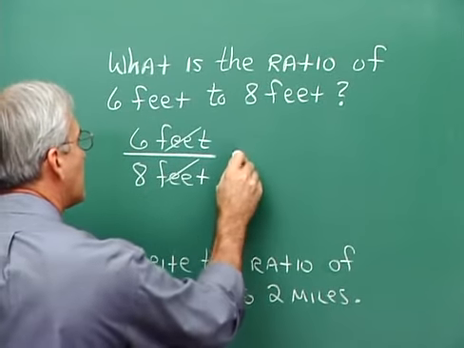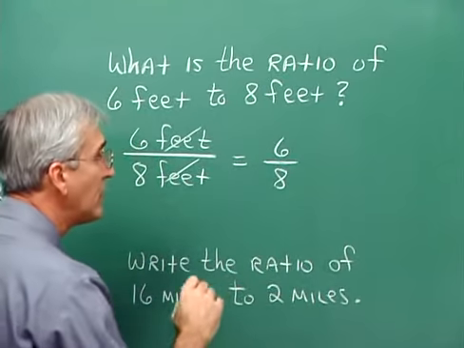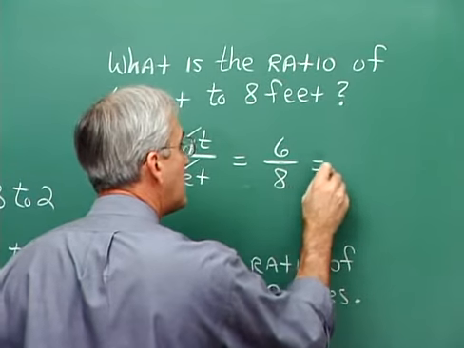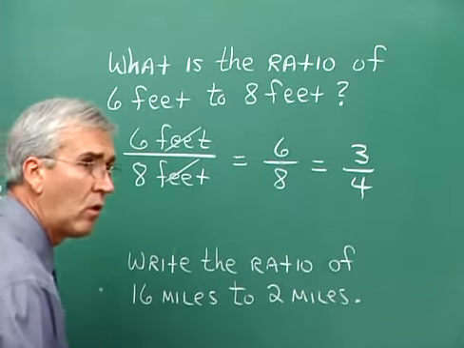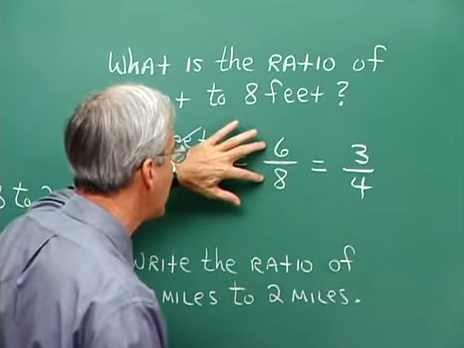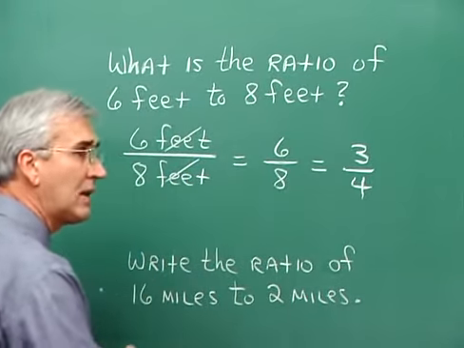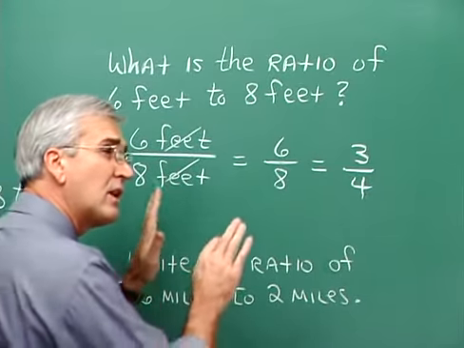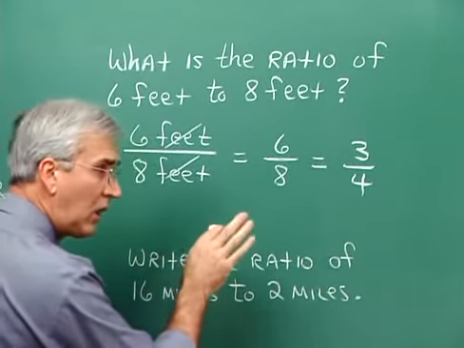So this is the ratio of 6 to 8, which can be reduced. 6 over 8 is 3 over 4. So this is the ratio of 3 to 4, or the ratio is 3/4. Now, notice the cancellation, just as we have with fractions, we could go through a cancellation even using the colon idea.